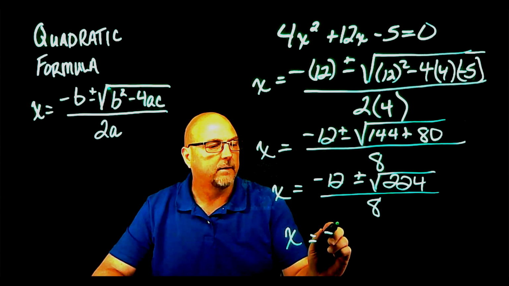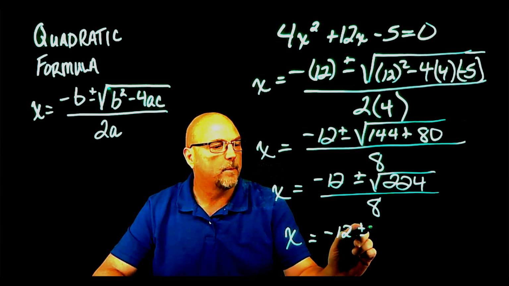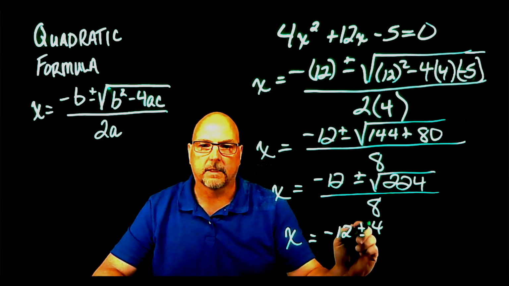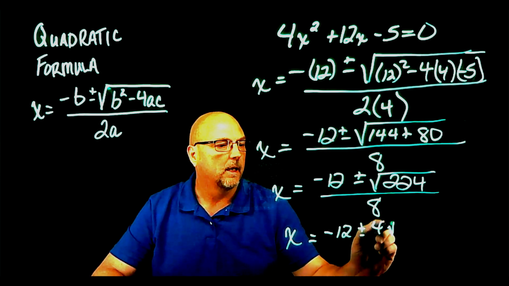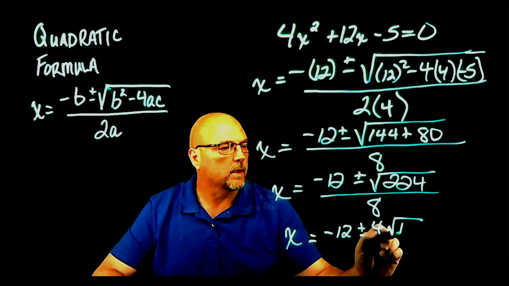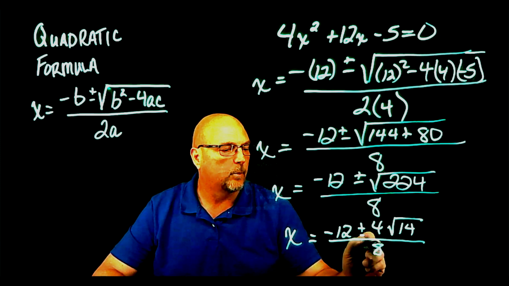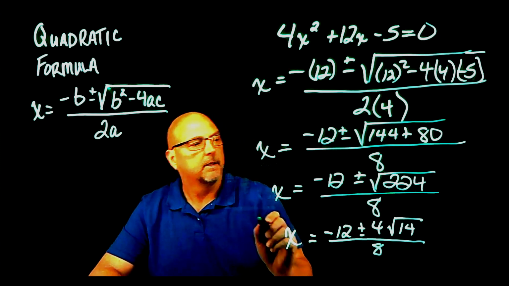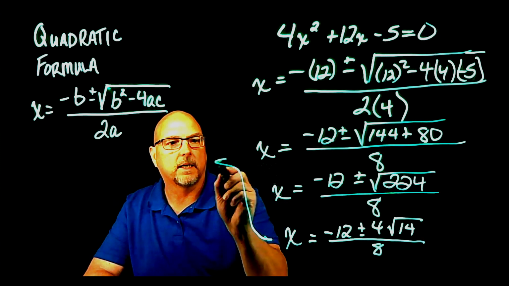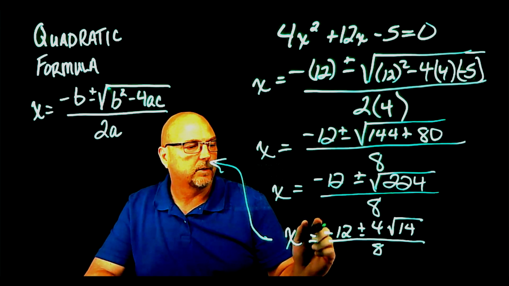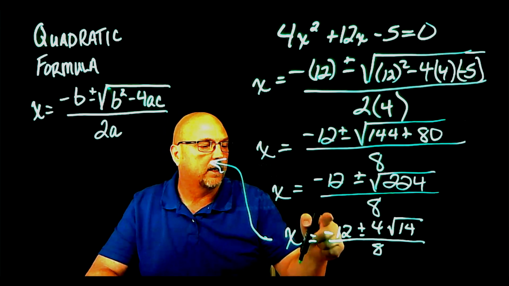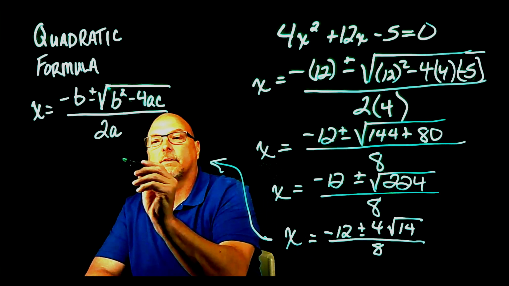So I'd have negative 12 plus or minus 4, because that's the square root of 16, and 16 times 14 is what equals 224. And I'll put that all over 8. Running out of room here, so I'll bring it up here. So negative 12 and 8, well, 4 goes into everything evenly here.